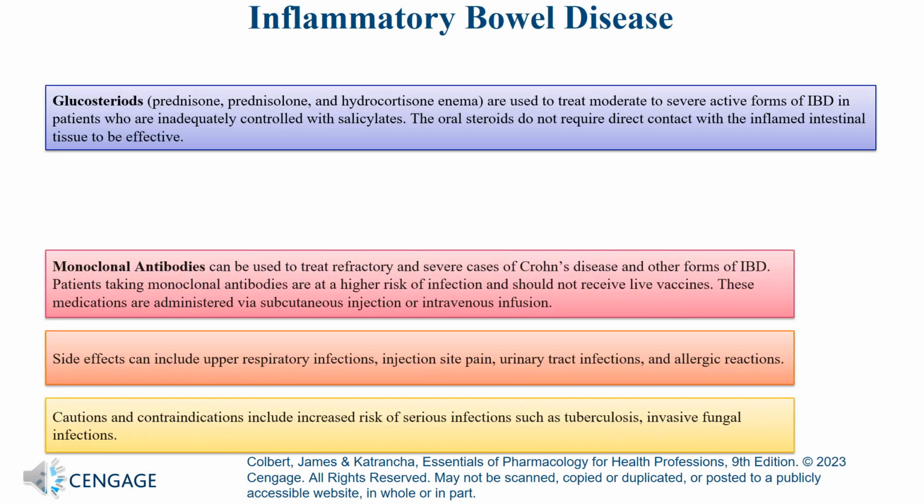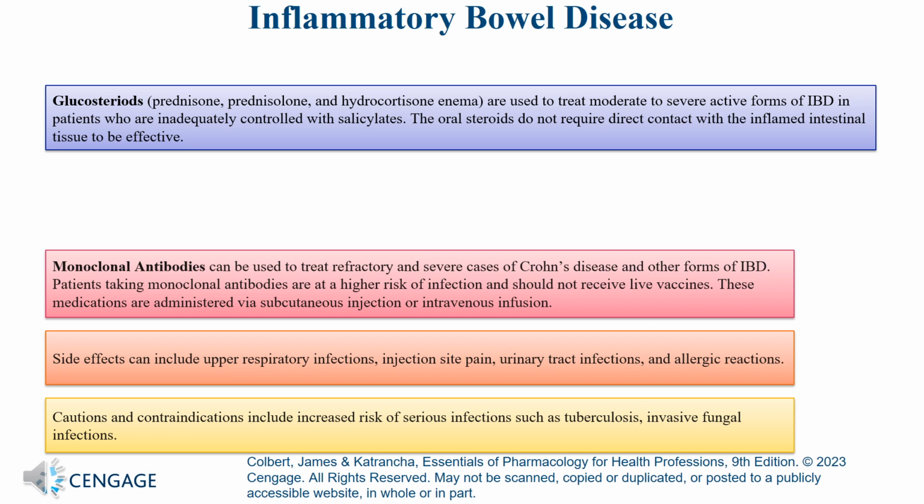We're going to talk a little bit about glucocorticoids, just a little bit. They are used to treat moderate to severe active forms of IBD in patients who are inadequately controlled with salicylates. The oral steroids do not require direct contact with the inflamed intestinal tissue to be effective.